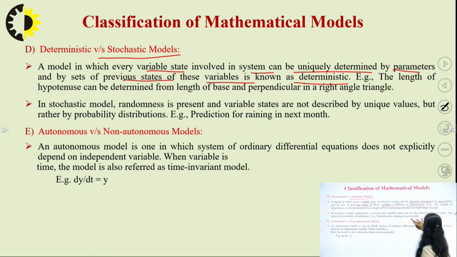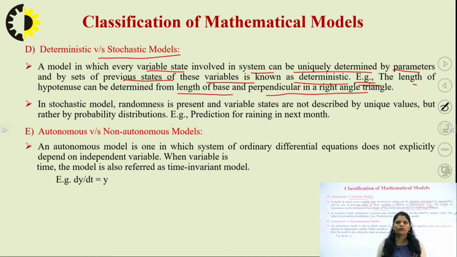For example, the length of the hypotenuse can be determined from the length of the base and perpendicular of a right angle triangle. So, this is an example of the deterministic model. We can say that the deterministic model always performs the same way for a given set of initial conditions.